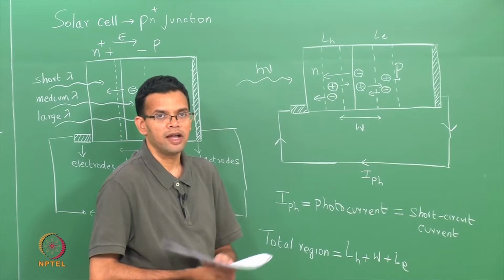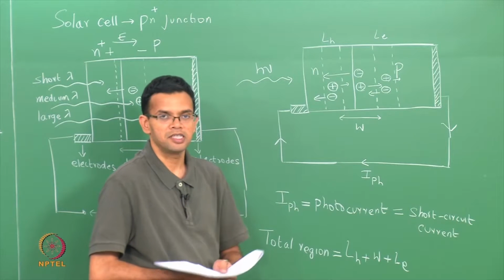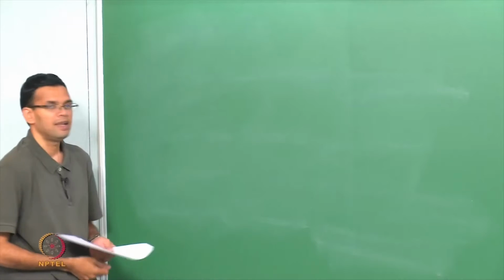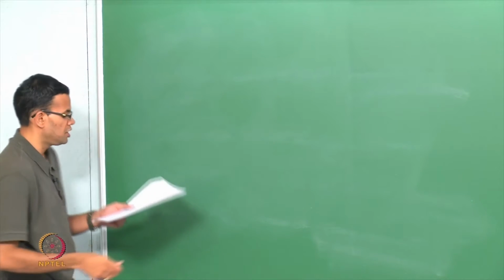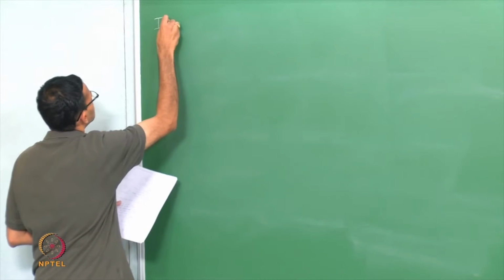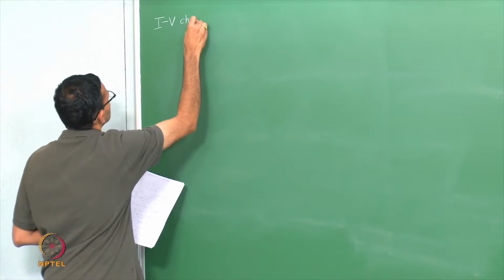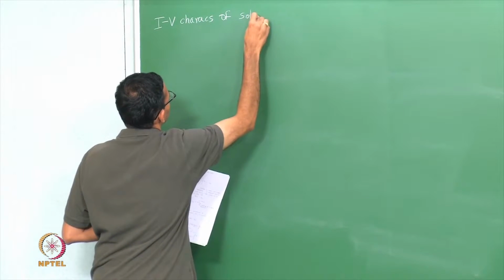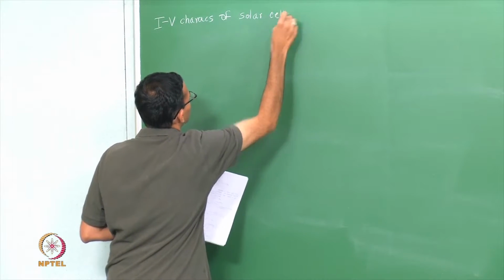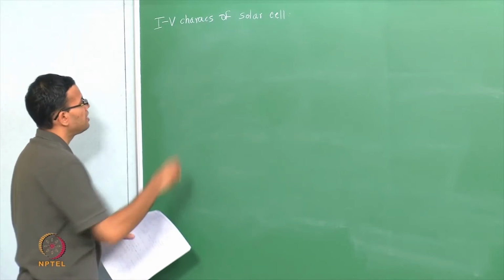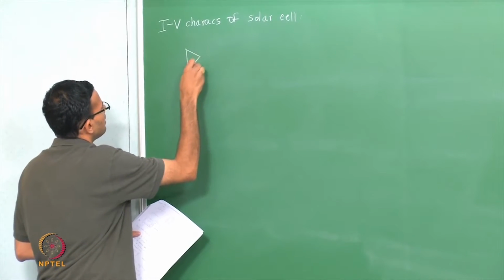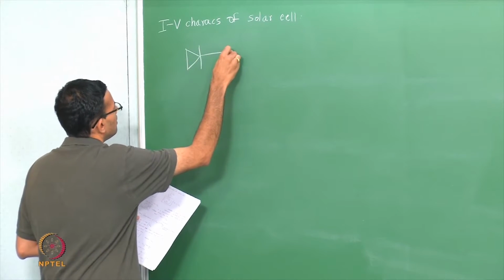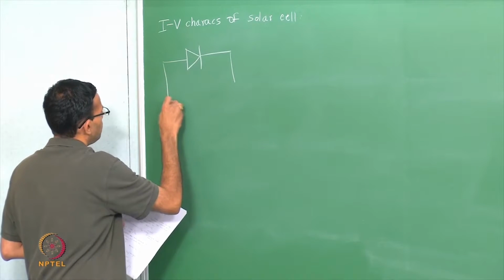Let us now go ahead and calculate the IV characteristics of a solar cell. In this particular case, we are looking at a solar cell which is a simple p-n junction connected to some external load.